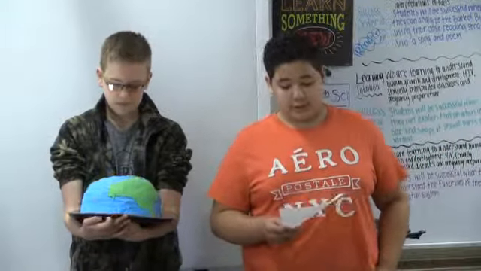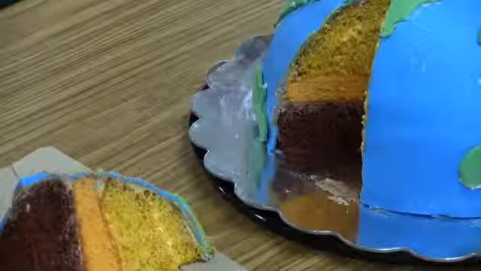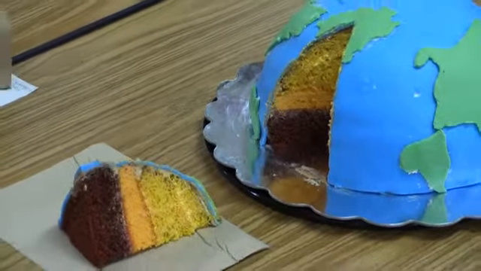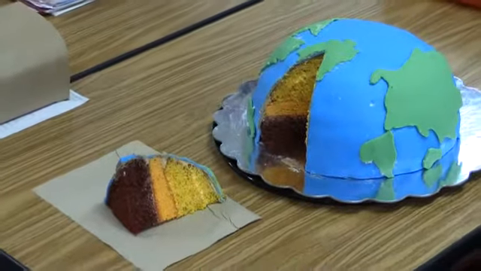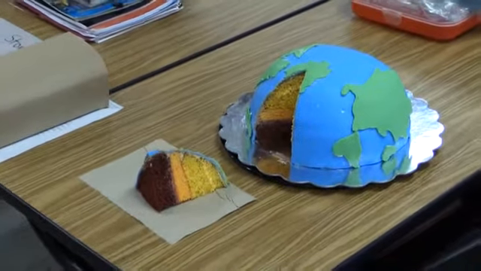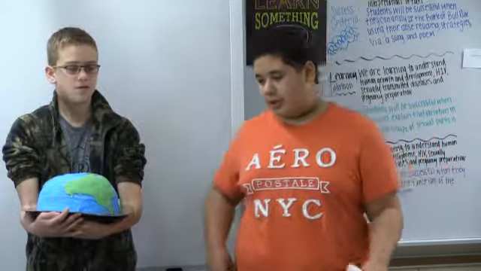The first is the crust, and the crust has fondant of blue and green, and after that is the mantle, and that's the yellow cake, the biggest of all the layers, and after that is the orange, the outer core, and after that is the inner core, which is red, and I also made a cake.